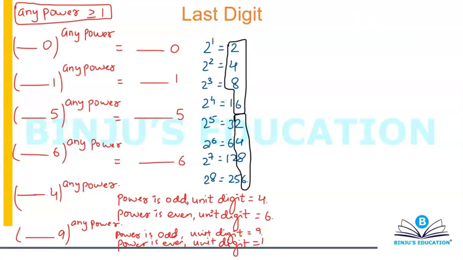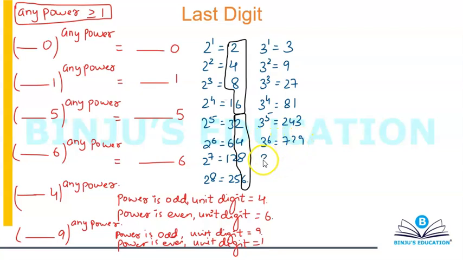Now the next one is 3. So we have 3 to the power 1 is 3, 3 square is 9, 3 cube is 27, 3 to the power 4 is 81, then 243, 729, 2187 and 6561. 3, like in the case of 2, also follows a cyclicity of 4.